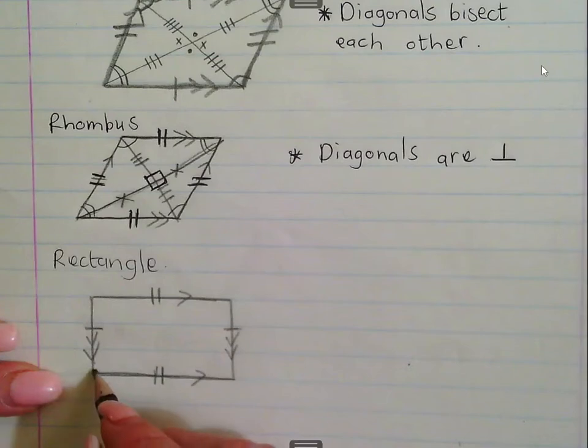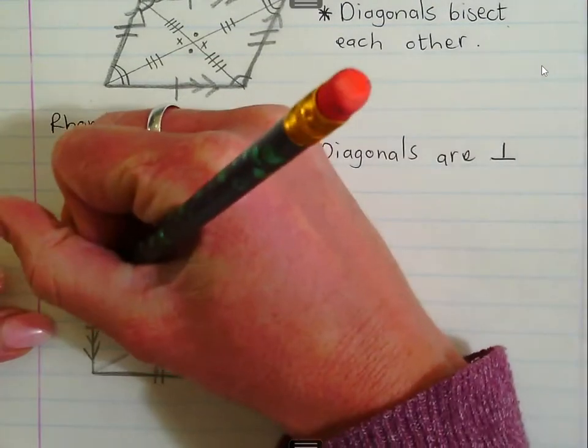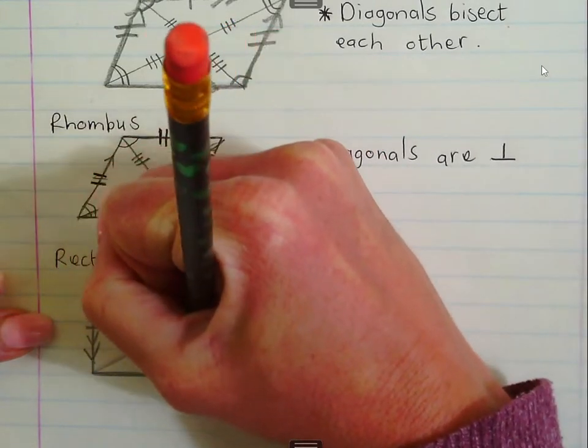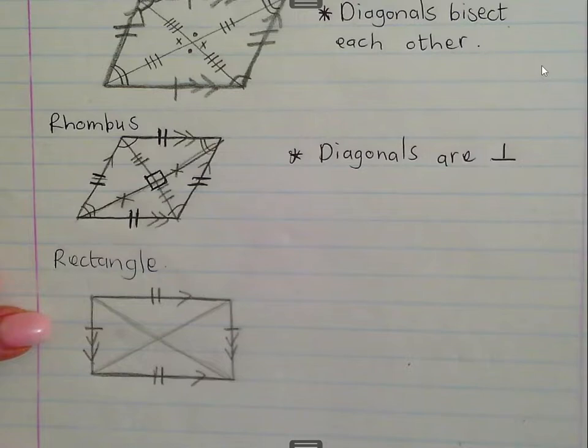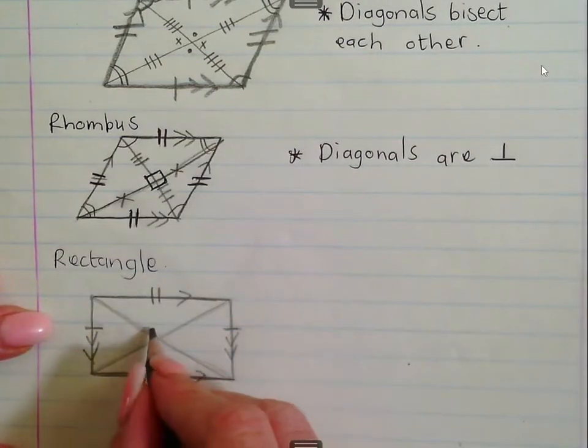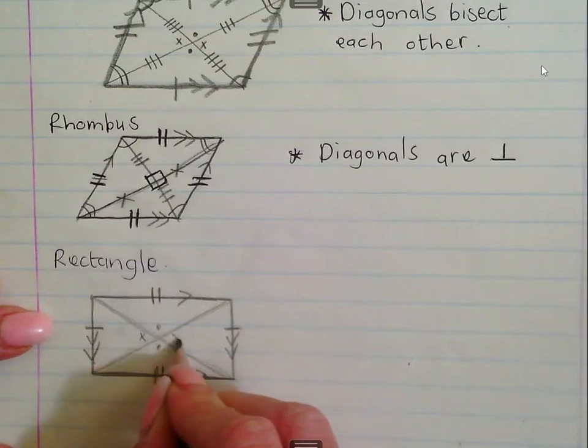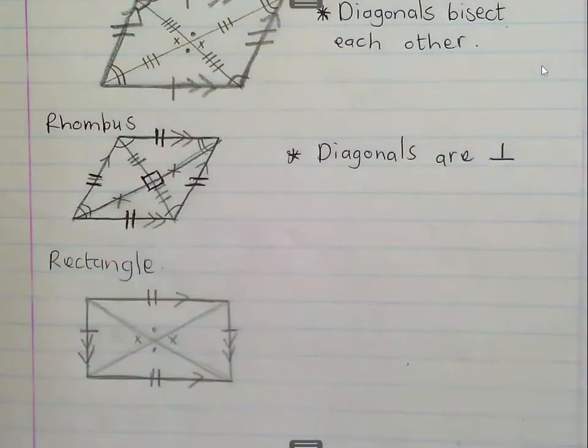It's got diagonals that bisect each other. And it's also got these vertically opposite angles that are equal.